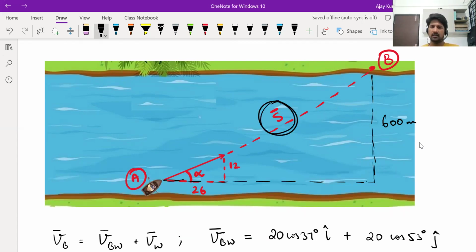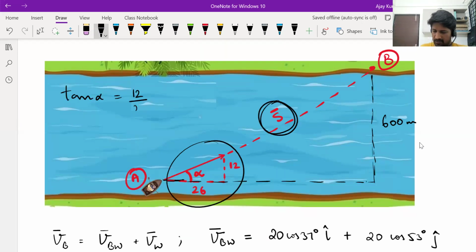How? First of all, from that vector, we can say tan alpha is opposite by adjacent, 12 by 26. So indirectly alpha is known to us. And I think 2 or 3 classes back, I told you all, if you know tan alpha as A by B, you can derive sin alpha and cos alpha from it. Can one of you tell me what is the formula for sin alpha?